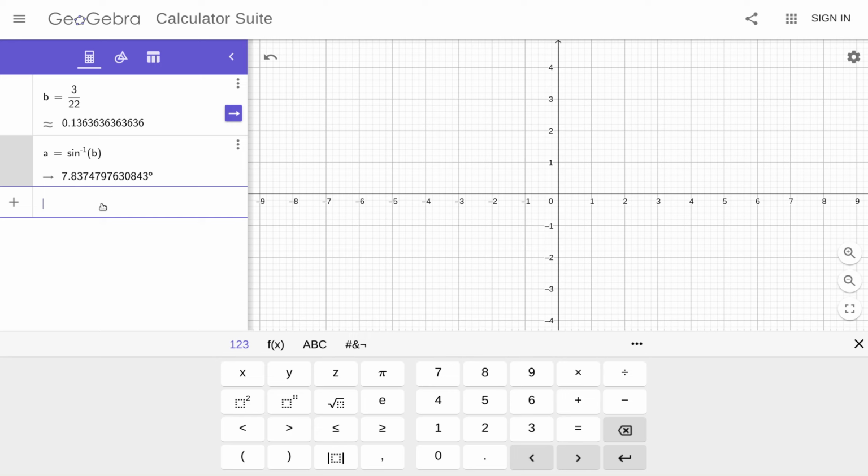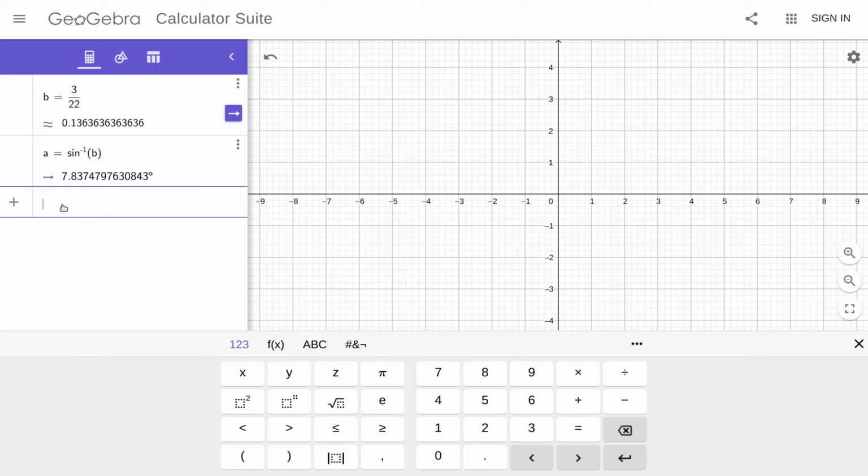But let's try to compute this one more time. Notice that even though I wrote arc sine, it changed it to this first symbol that I wrote, sine inverse. So if you start typing sine and you want the inverse, it doesn't really work. So the button on your calculator might say sine inverse like here.